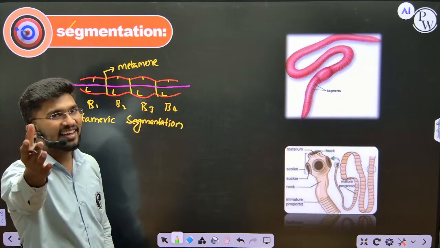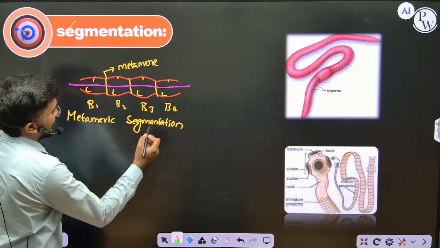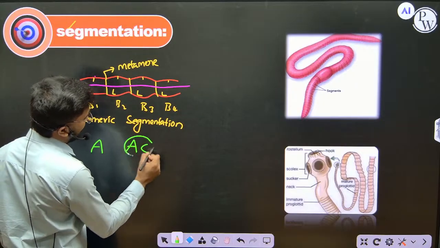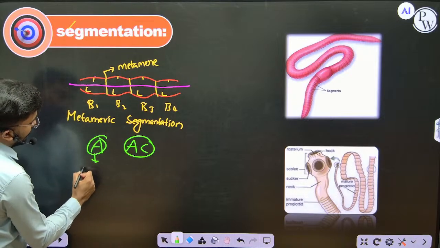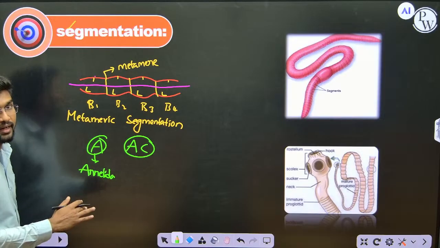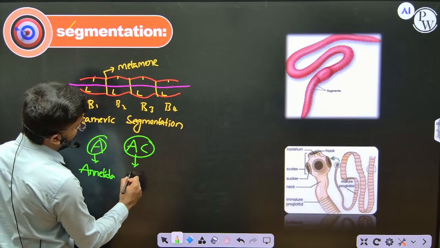That is AAC. A for Annelida, which is a phylum. Another A for Arthropoda.